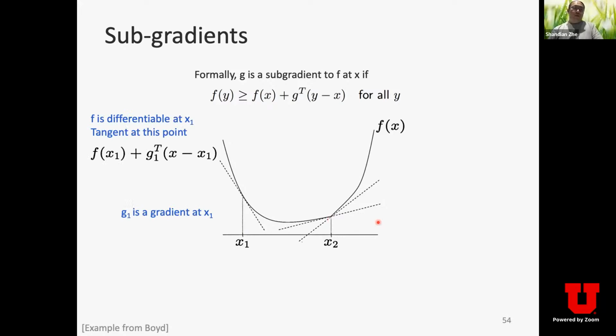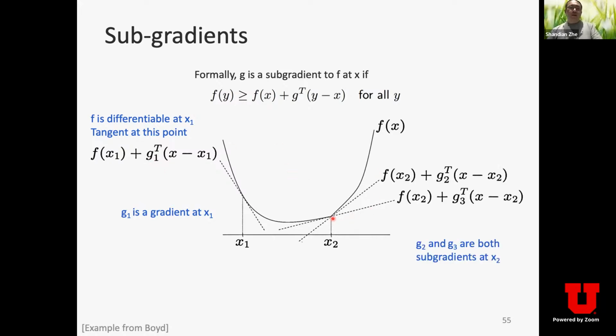Okay, so let me emphasize again. At this point, x1 is differentiable, so you can draw a tangent line which passes through this point, and the slope is actually the gradient of f at x1. But at this point, the function is not differentiable, but you can draw many lines which pass through this point and also stay below the entire function body.